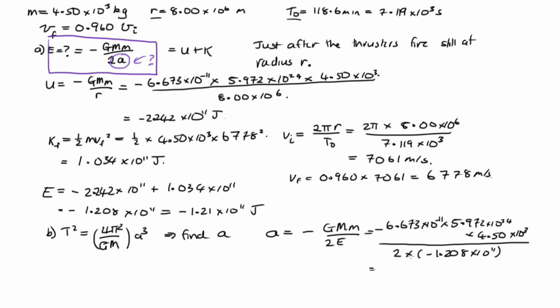So we enter all this into the calculator, and we get A is equal to 7.423 times 10 to the 6 meters.